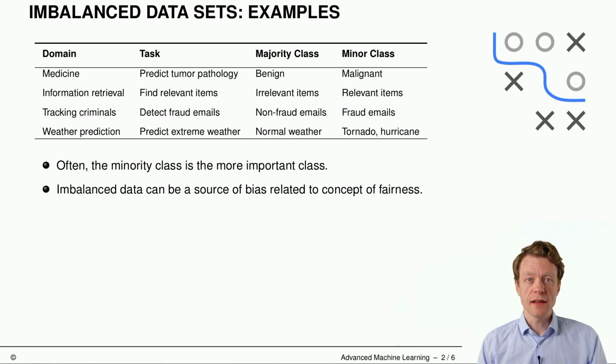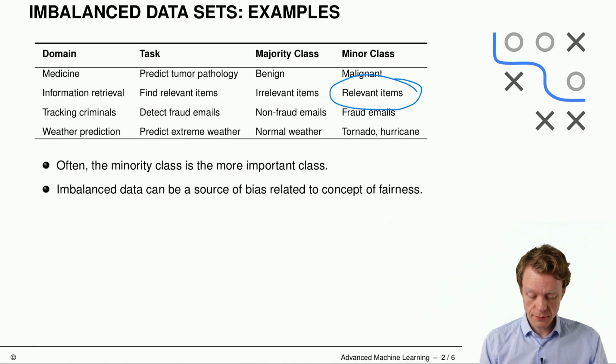Here are some examples where this can happen in real-world use cases. So, for example, in medicine we could have the task of predicting what the tumor is like. So is it a benign or a malign tumor? And the minority class may be the malign tumor class. Or in information retrieval we want to find relevant items, but the minority class are the relevant items.